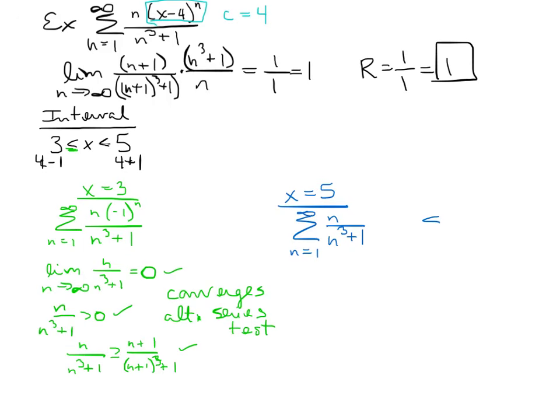Because if I chose 1 over n squared and took the limit as n goes to infinity of n over n cubed plus 1 divided by 1 over n squared, so multiplied by n squared over 1, I get 1.